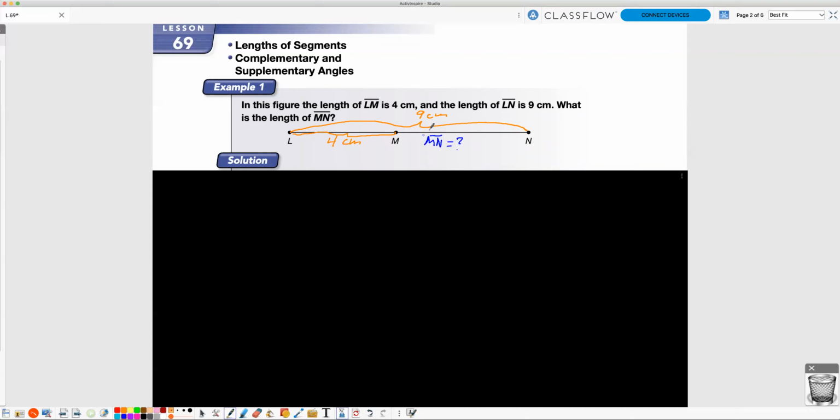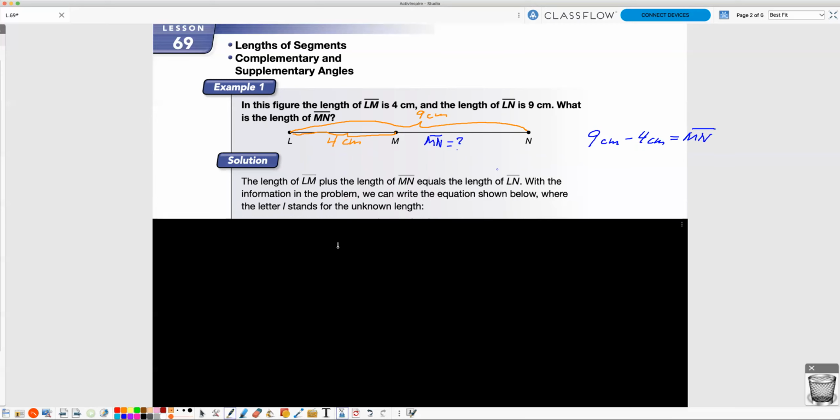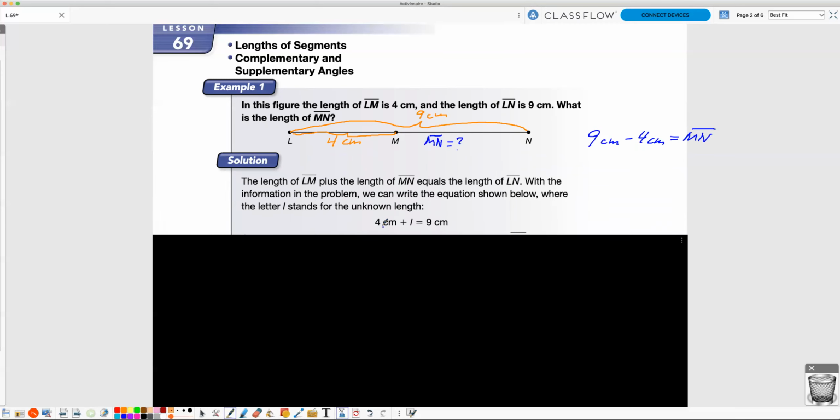What's the distance? Well, if you know that the total length of L to N is 9 centimeters, and you know that this distance from L to M is 4 centimeters, you know that 9 centimeters minus the 4 centimeters will result in the distance of the line segment M to N. So it's also this equation: 4 centimeters plus the length of that unknown space equals 9 centimeters.